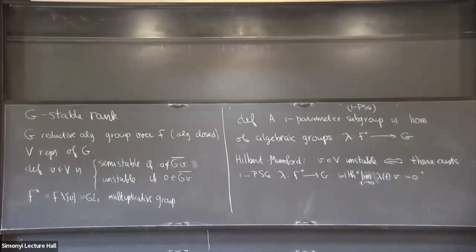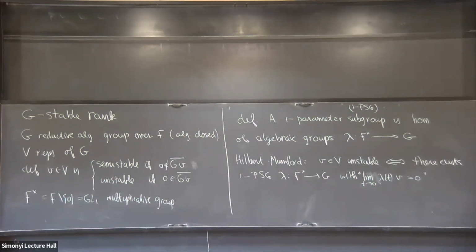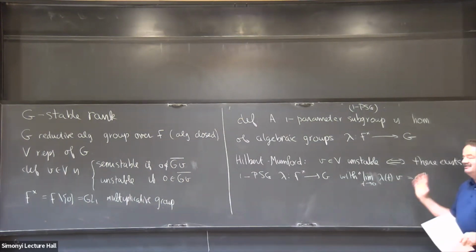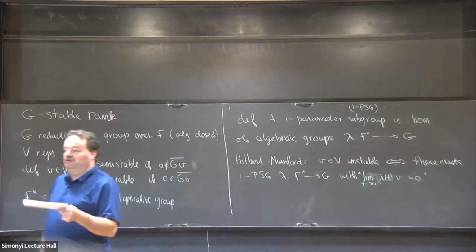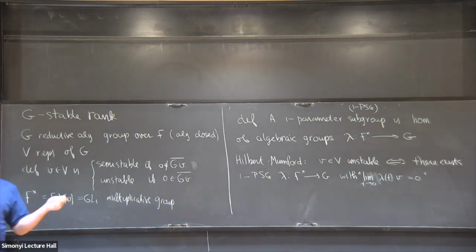I put it in quotation marks because if we don't work with the real or complex numbers, we don't really have any topology, so limits don't really make sense. But we're talking about polynomials. So if you have a polynomial in t, then the limit as t goes to 0 is just the value at 0.